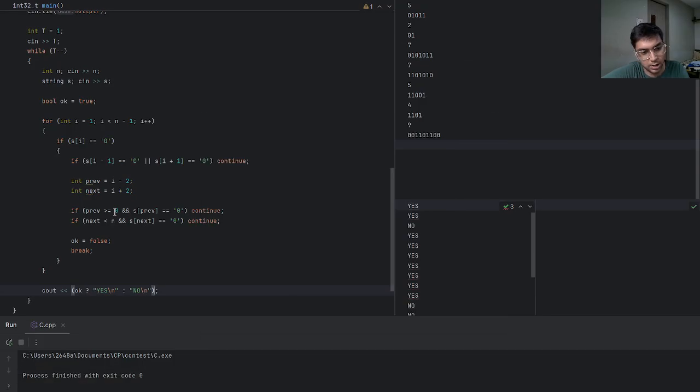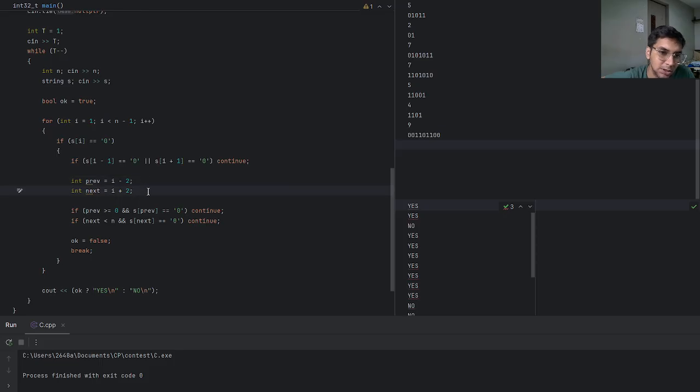Greater than two case is also sorted. Yes, only one is left. Start and end doesn't matter, so we are not counting that. We are traversing every single rabbit. If it's a rabbit, and the previous and the next is also a rabbit, then continue. So this case basically accounts for greater than two zeros continuing at a stretch.